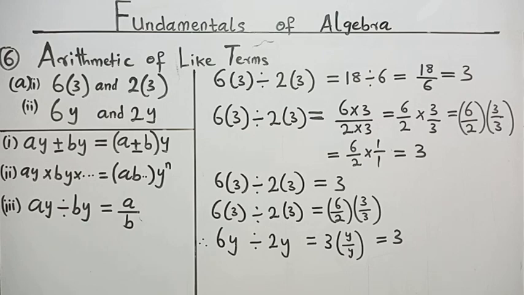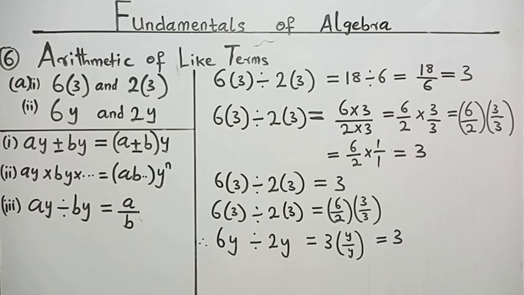The two sets of numbers used, 6 bracket 3 to 2 bracket 3, and then 6y to 2y, appear to be like terms. But we have to know more about like terms beyond what we have here. Notice that if this y is to the power 2 and this y is to the power 2, we will still call both of them like terms.